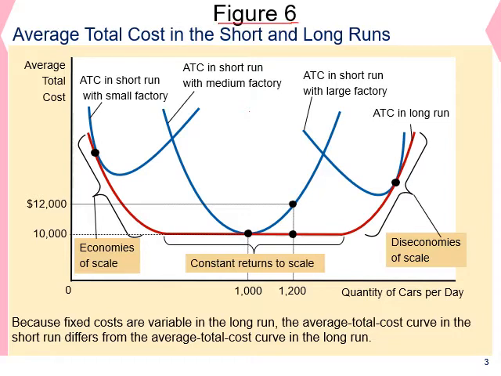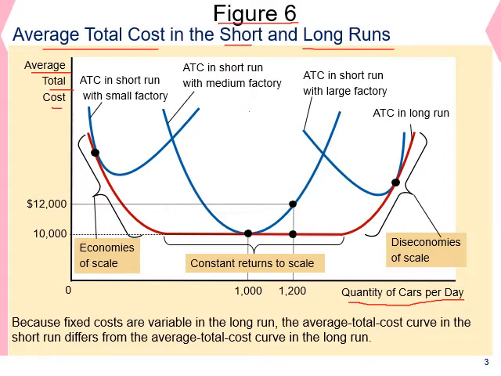Figure number 6 shows the average total cost in the short and long run. On the horizontal axis, or the x-axis, you have the quantity of cars produced per day, and on the vertical axis, or y-axis, you have the average total cost.